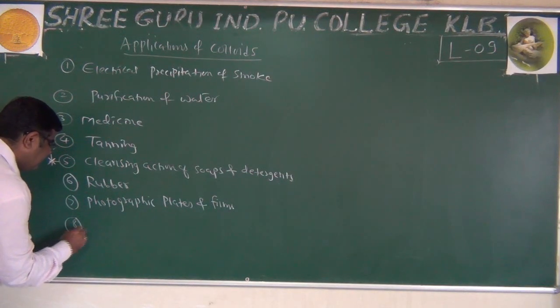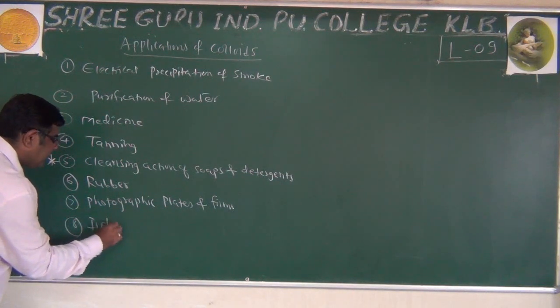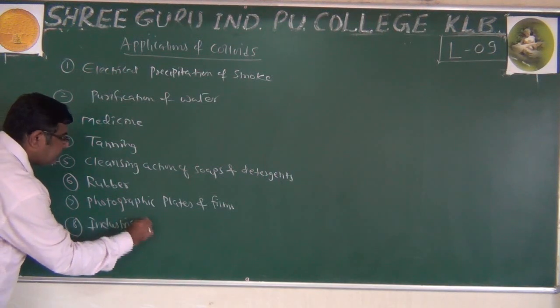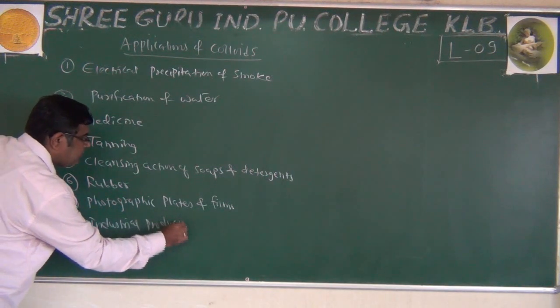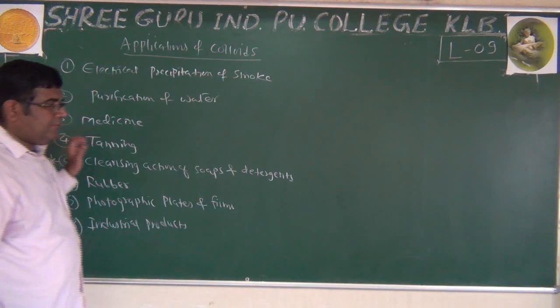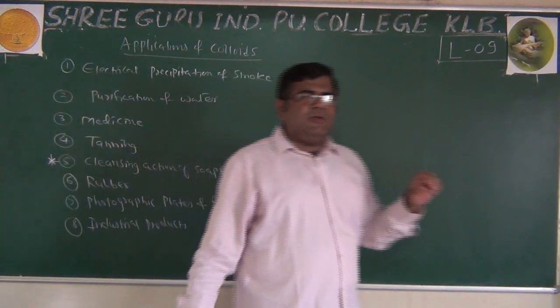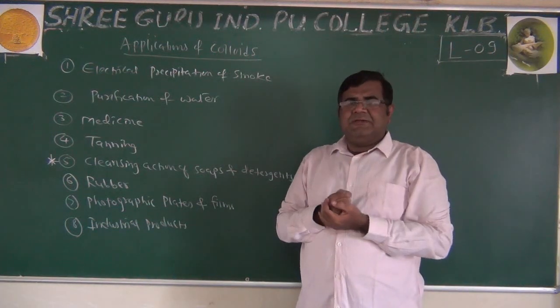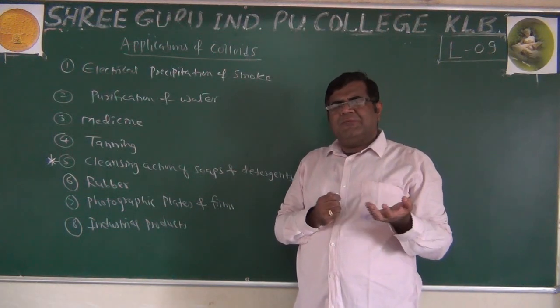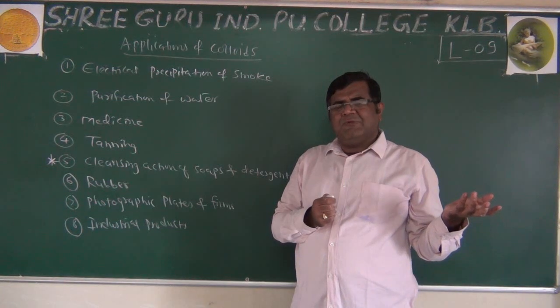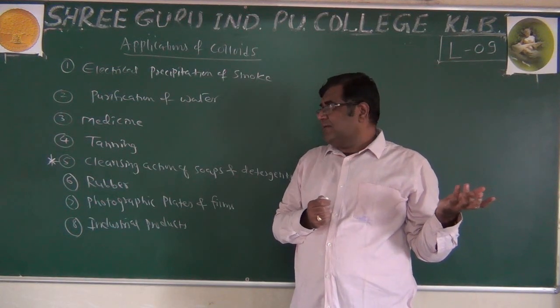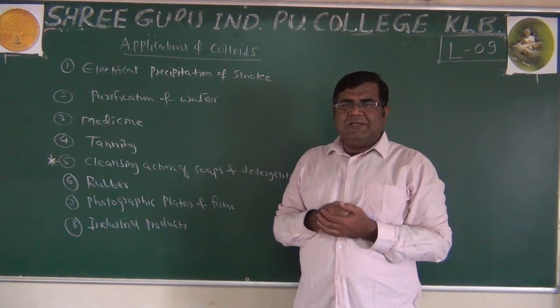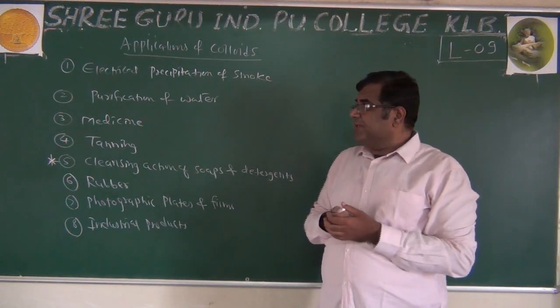Eighth is industrial products. Even though in the notes we have just mentioned 4, all these 8 are there in the textbook. So 4 we have mentioned because a question can be asked in the theory exam for 2 marks. But we have to learn all, at least we should read and remember it.